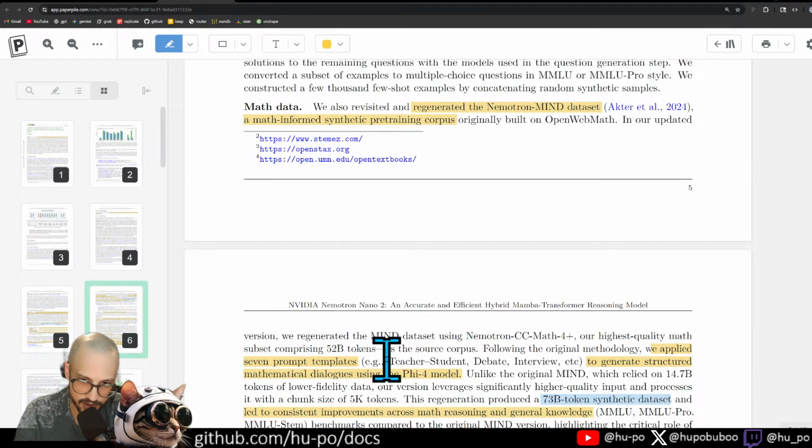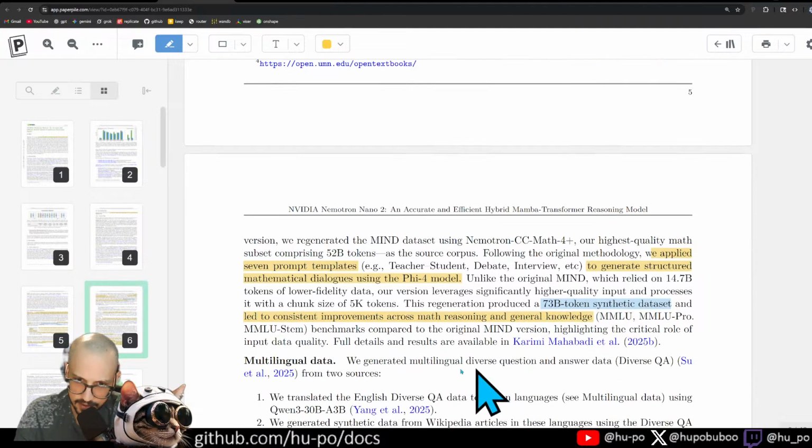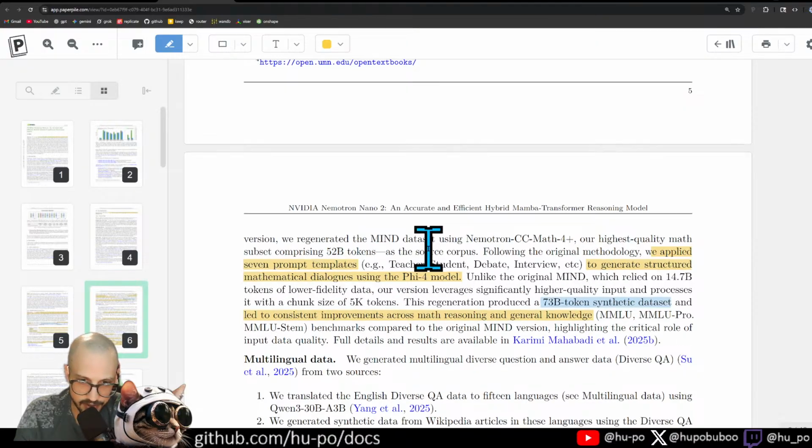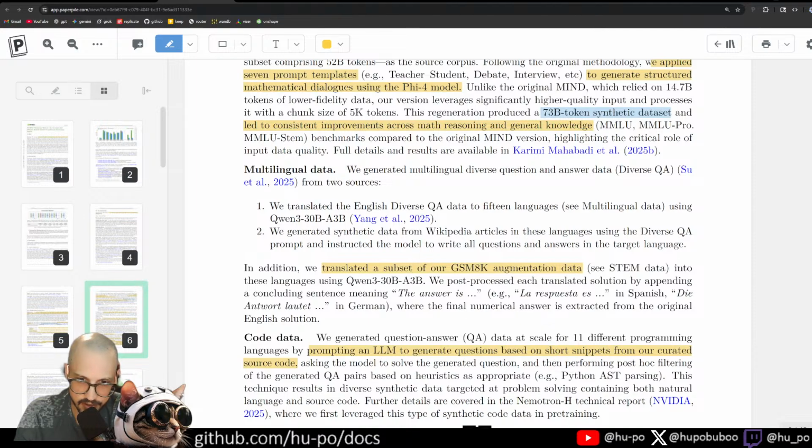You can have: rephrase this question as a teacher-student exchange, rephrase this question as an interview, rephrase this question as a debate. Each one of those is going to produce a slightly different rephrasing, which means it's a different type of data augmentation. They saw consistent improvements across math, reasoning, and general knowledge. So again, that's agreeing with the trends that we found in the earlier paper.